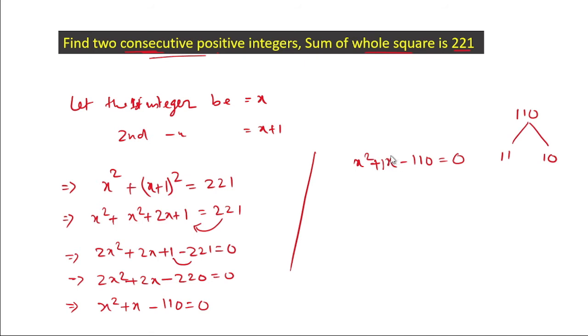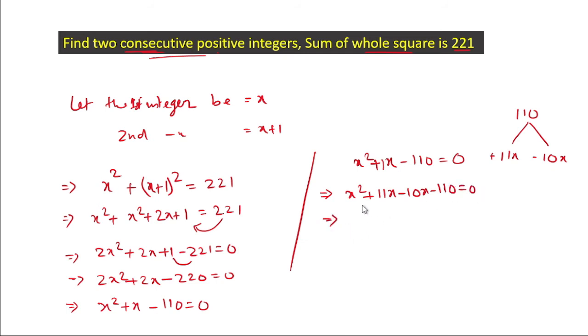So here we will take plus 11x and minus 10x, so that we can write x square plus 11x minus 10x minus 110 is equal to 0.